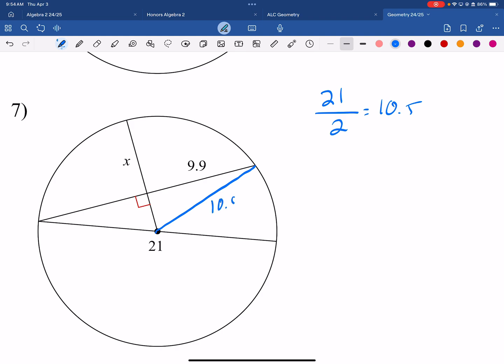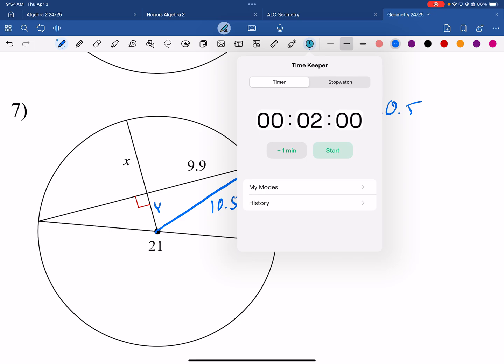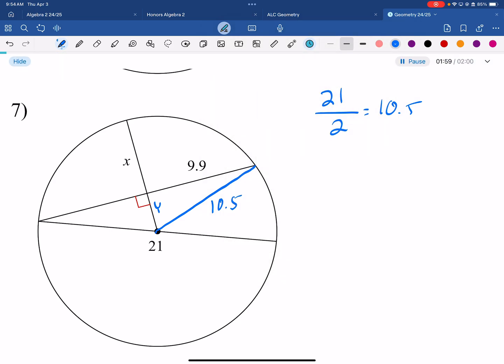So I know the radius is 10.5. I have to find, and I'm going to put a y there again. If I find the value of y and subtract that from 10.5, I've got my answer. See if you can find the value of x. Work with the person beside you. Don't move by yourself. It's more fun together. And you can talk.